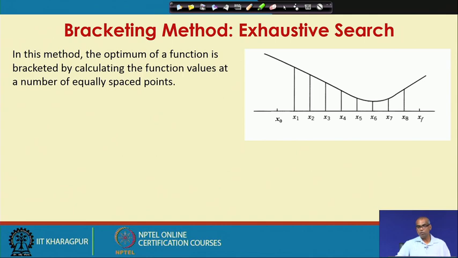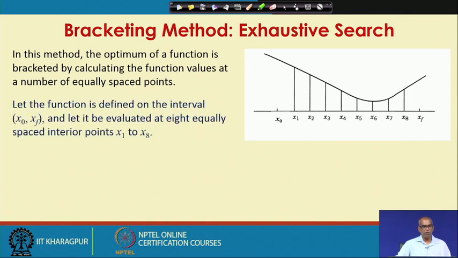The optimum lies between x0 and xf. This region has been divided by a number of equally spaced points. Now, you can find out the function values at each of these points and then can find out between which two points the minimum has been bracketed.